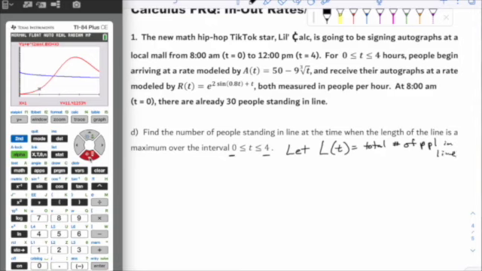And I've already basically established how to do this in a previous problem, but L of t is always going to be, and it's nice to do this because sometimes this might be a part of a question. It might just be like create a function that describes the total number of people in line, and so it's a good exercise here.